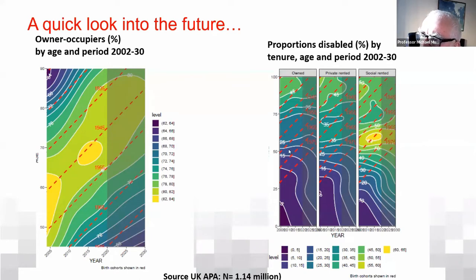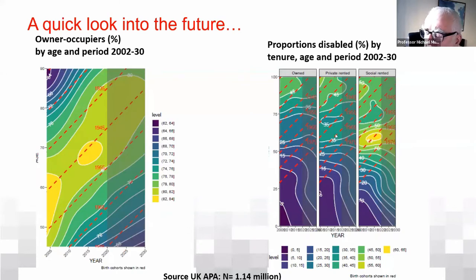At these sort of ages, between 50 and 60, over 60% of people in that sector are disabled as defined by government policy. The proportion in the own or occupied sector is about 25%. In the privately rented sector, about 35%.